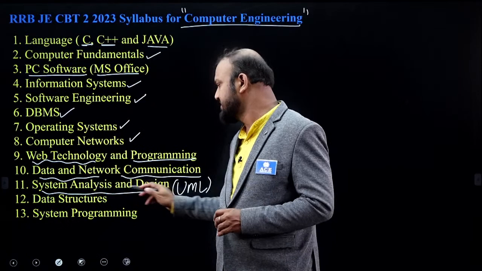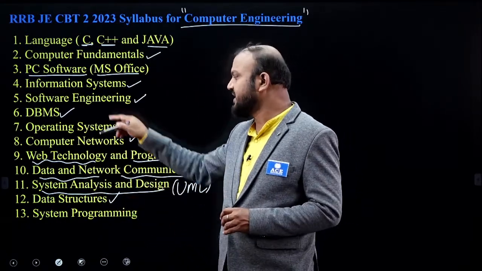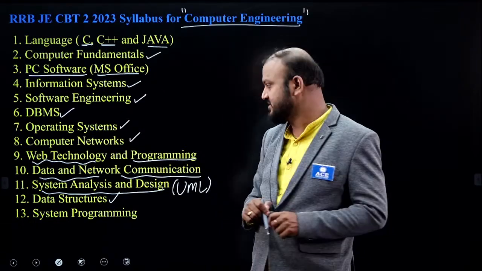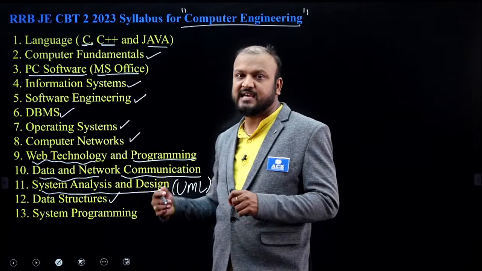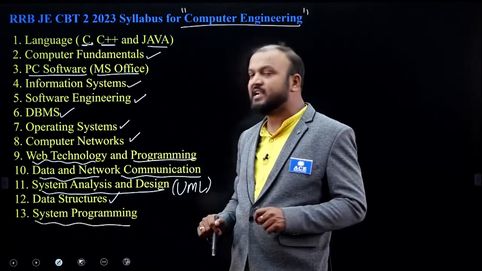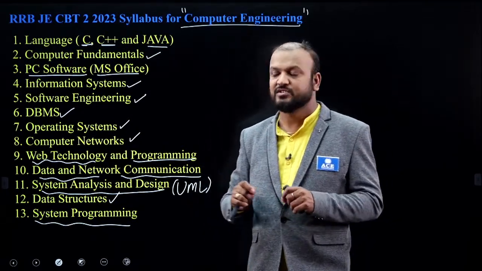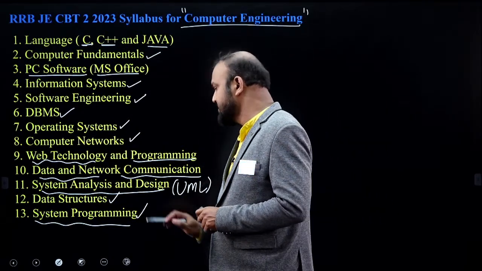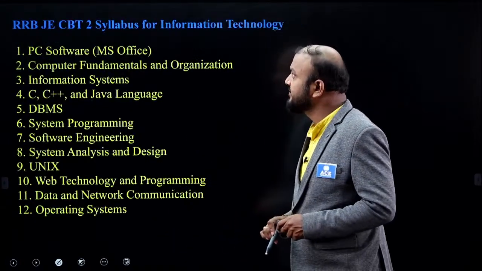Data structure concepts, actually the topic is data structures through C++, will have stacks, queues and all. And system programming generally consists of compilers, assemblers, linkers and loaders. This is especially for computer engineering.